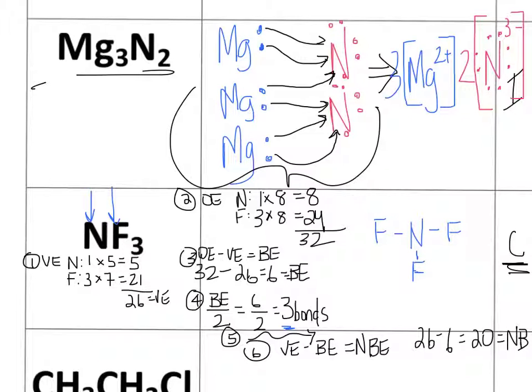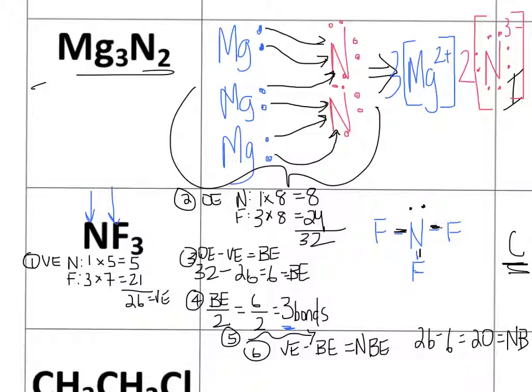So we have to start adding electrons to this molecule until we have octet for every one of the atoms. So let's start with nitrogen. Now remember that each of these lines is 2 electrons. So 2, 4, 6, and then 8. Okay? Then each fluorine needs 8.